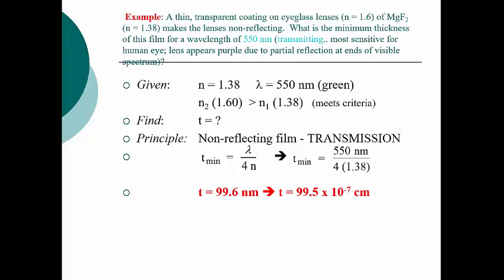So here, thin films are pretty simple. So we have a magnesium fluoride lens. It has an index of refraction of 1.6. It has a coating on it that makes it non-reflecting. The coating has an index of refraction that's less than the index of refraction of our magnesium fluoride, 1.38, and we want to create a thin film.